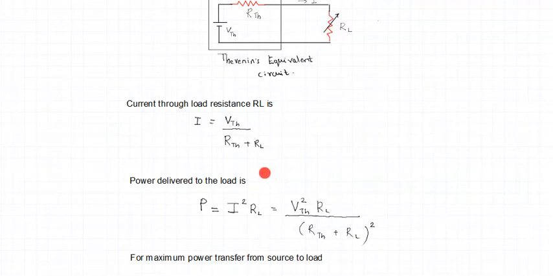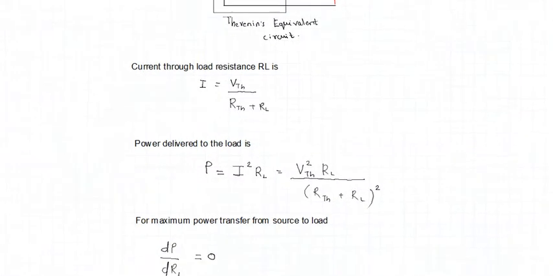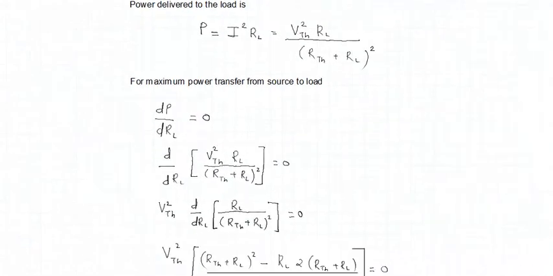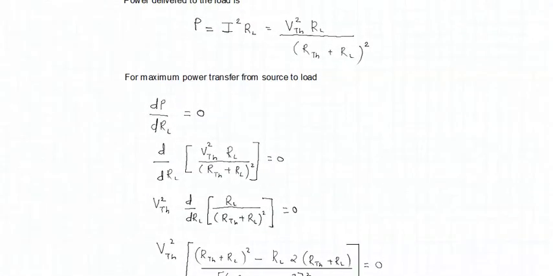For this, maximum power transfer assists us in making this power which is delivered to the load a maximum value. To find that, let us find the condition for the maximum power transfer. For maximum power transfer from the source to load, the prior condition is that the derivative of the power with respect to the load resistance must be 0. The gradient of the power with respect to the load resistance must be 0.